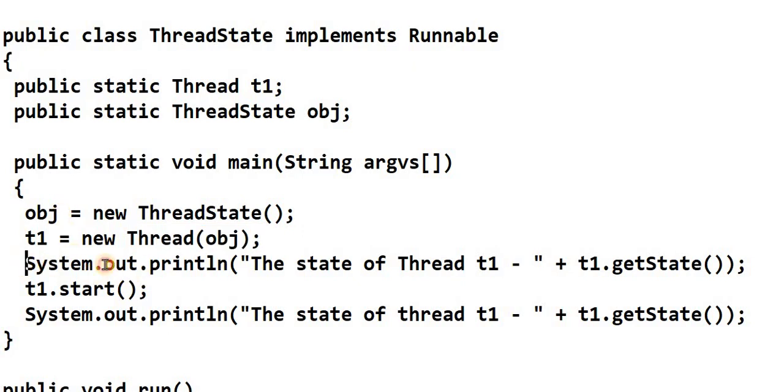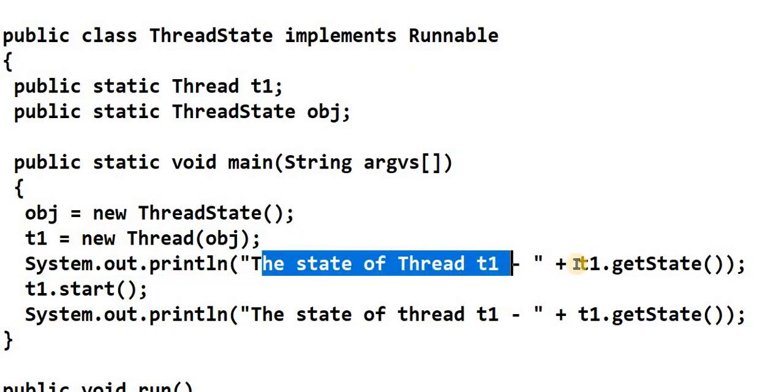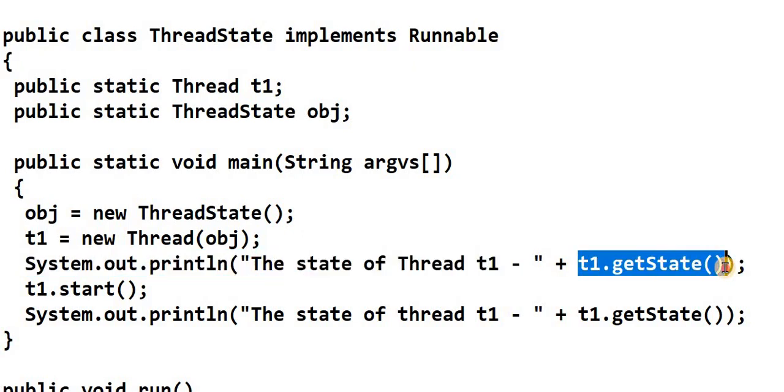Now, System.out.println, the state of the thread t1 is equal to t1.getState. For every thread there are various states. Hope you already studied and know the thread life cycle. It has a new state, a ready state, a running state, a blocked state. There are various states.